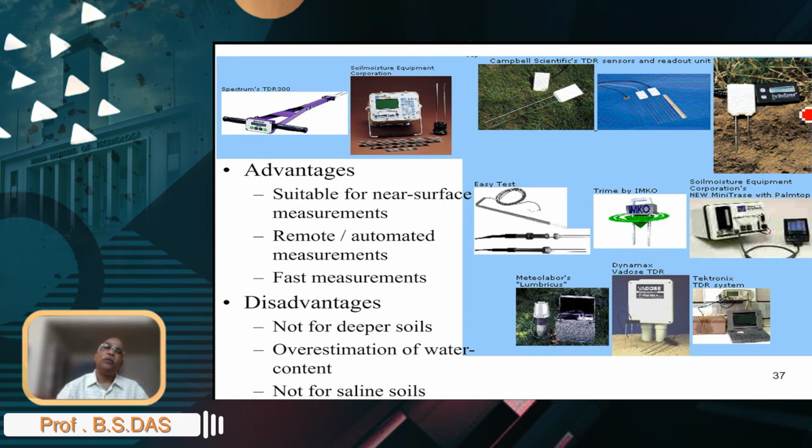For example, this is a Campbell Scientific one, and all these circuits are embedded in the probe holder, and you basically have a readout device up here. So it's not quite convenient to take deeper soil measurements.